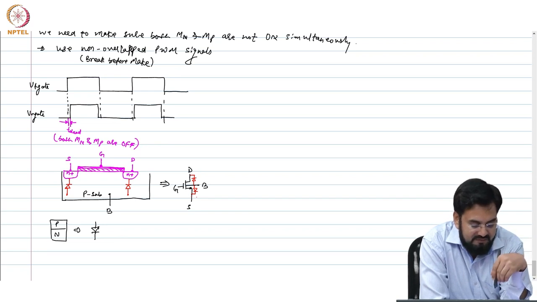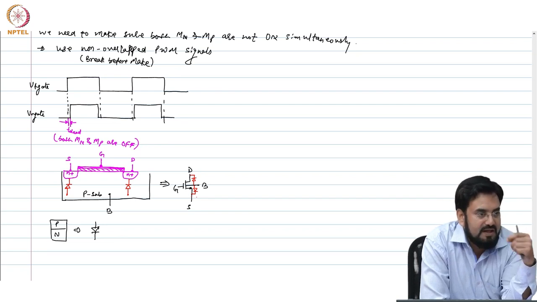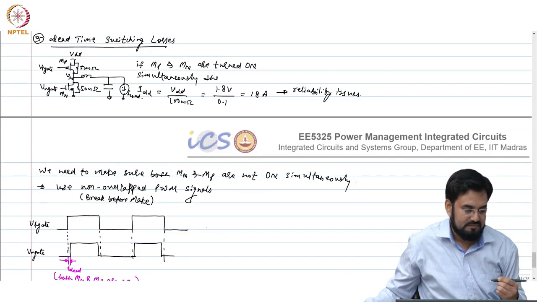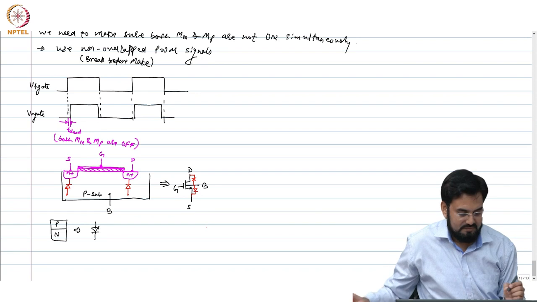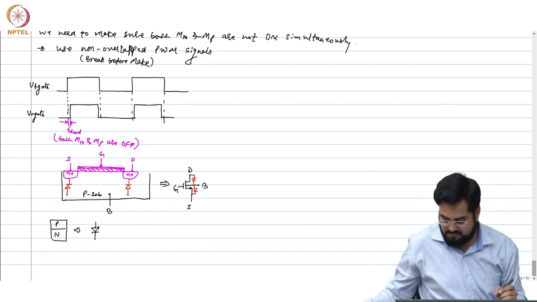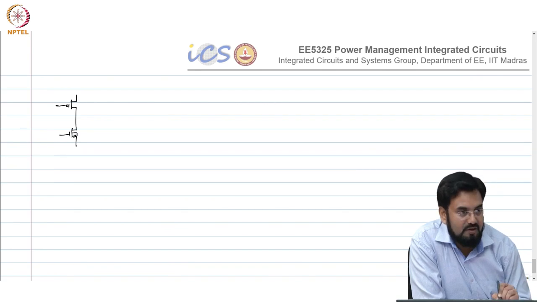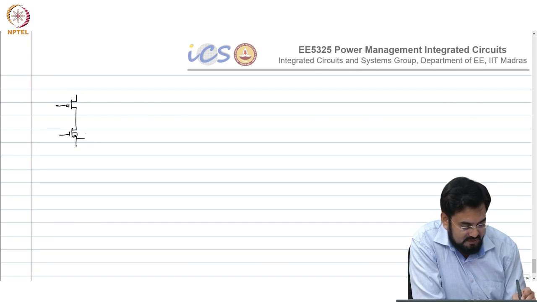So your diode left is bulk and drain. So what you have here is, if this is tied to ground, you will get a diode here.